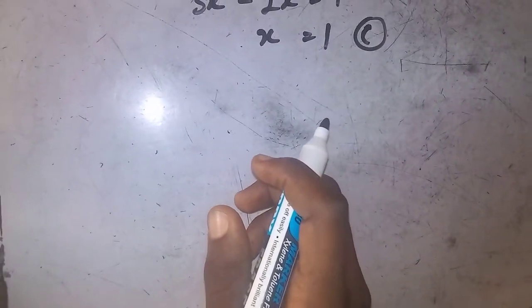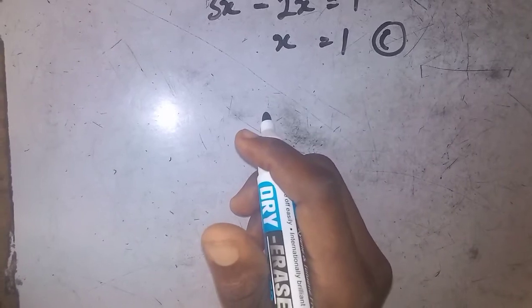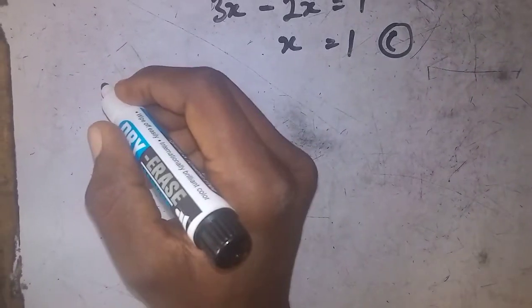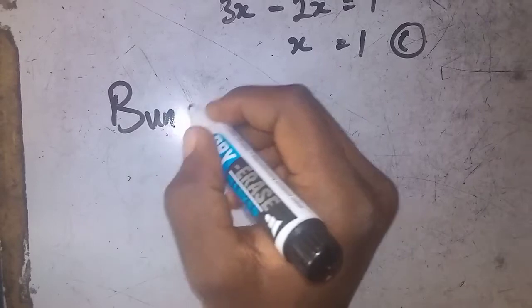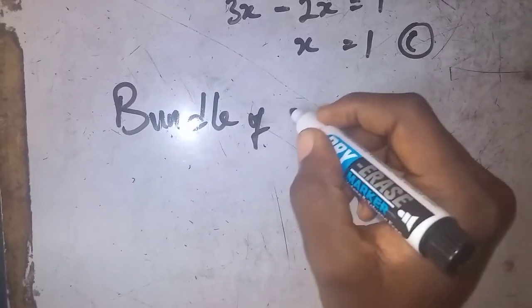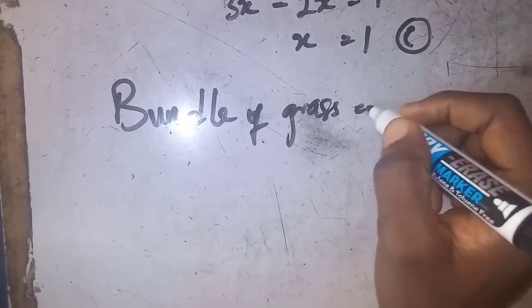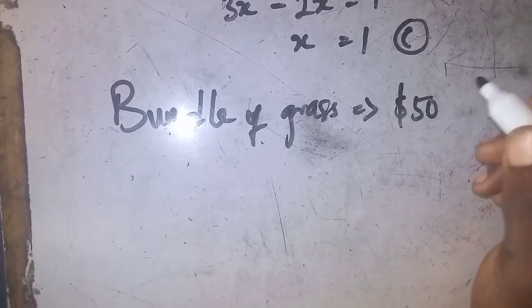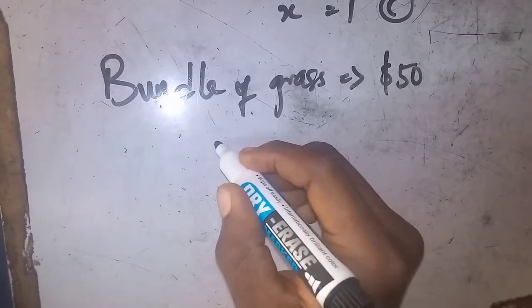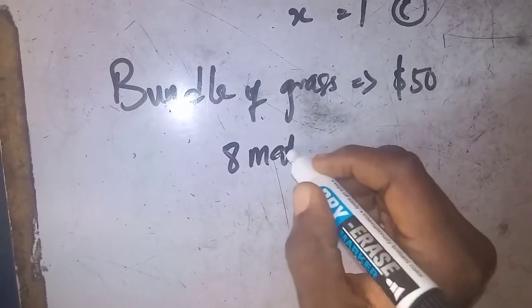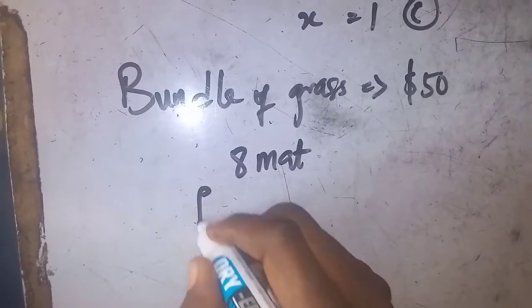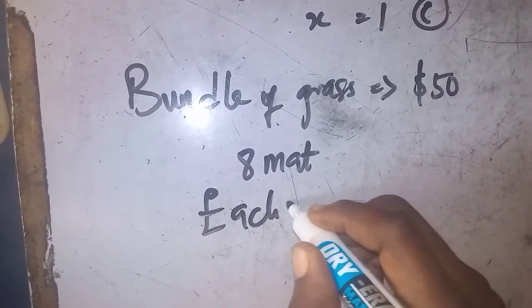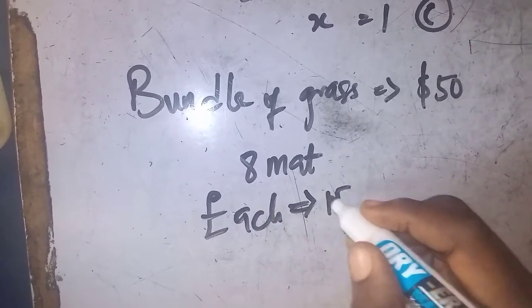Okay, now they said a weaver bought a bundle of grass for $50. Now a bundle of grass cost the person $50. And out of this bundle of mats, he made 8 mats, and each of the mats cost $15.